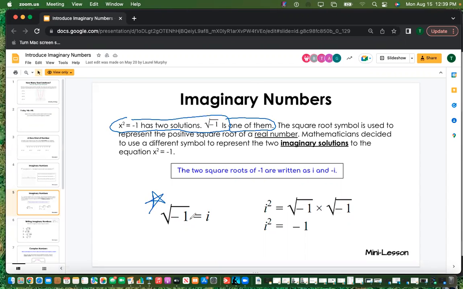The square root of -1 is equal to i. And i squared is equal to -1. I would write down everything that's circled. Even though it's on your packet, I would rewrite it because it's important.